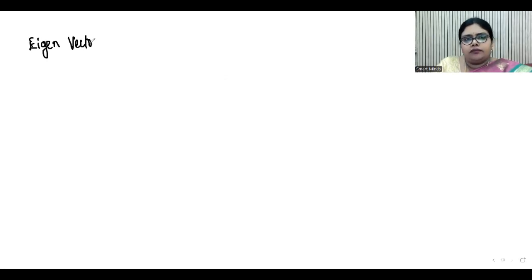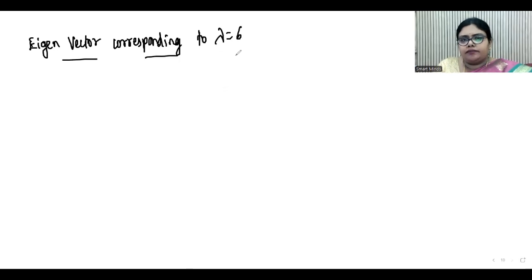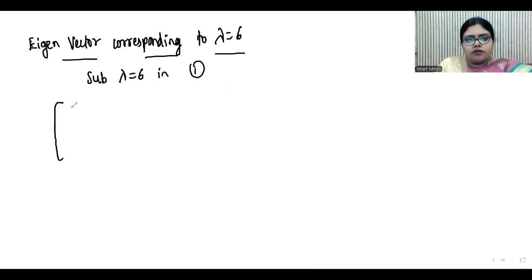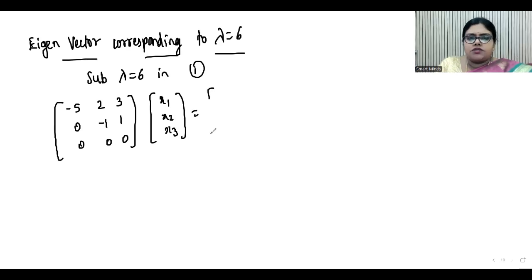Now, the eigenvector corresponding to lambda equals 6. Substituting lambda equals 6 in equation number 1, you will get minus 5, 2, 3; 0, minus 1, 1; 0, 0, 0 into x1, x2, x3 equals 0, 0, 0.